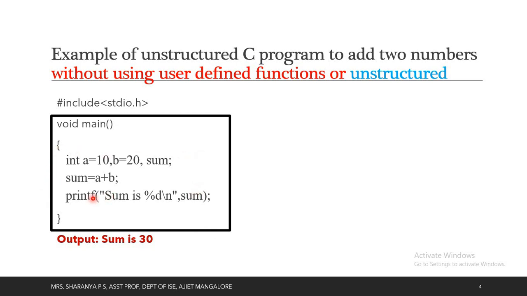Here we take two variables and store the result in the sum variable, and we display the sum computed as a plus b. We have written this entire addition of two numbers as the task performed under the main function. This is what we call unstructured programming.